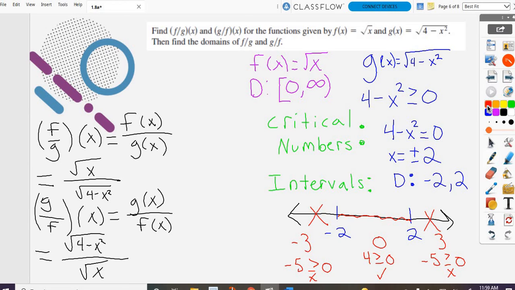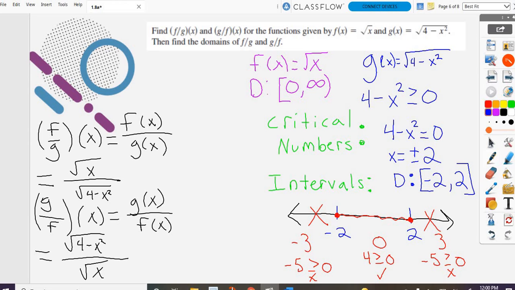If I look at my original inequality, what do we have on there? There's an equal sign. That means that it can equal 0. And negative 2 and 2 are what make it equal 0. So we would have closed circles at negative 2 and 2. Are we all okay with that?